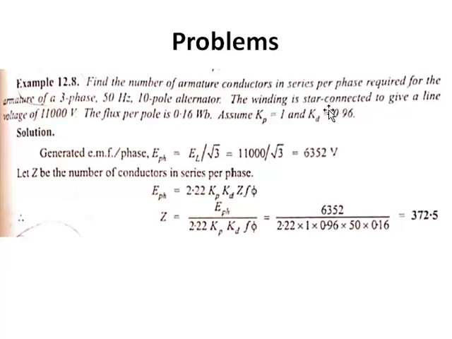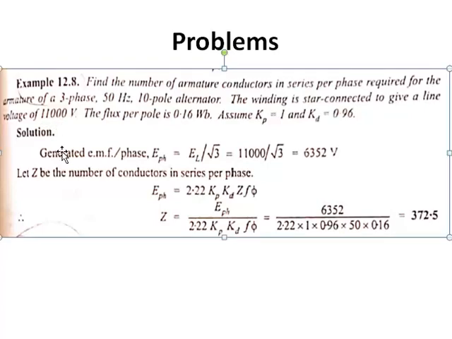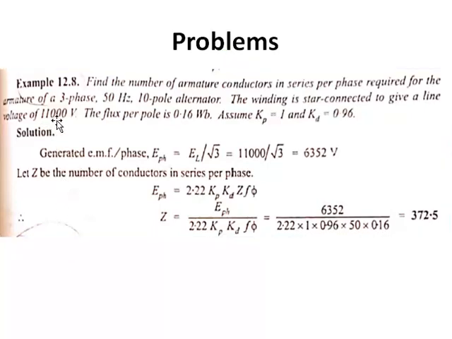The winding is star connected to give a line voltage of 11,000 volt. So they have given the line voltage. You have to remember, they have given the line voltage, which is what we get as the output of the alternator. The flux per pole is 0.16 Weber. Assume Kp is equal to 1 and Kd is equal to 0.96. All these things are given. Now what we have to find?